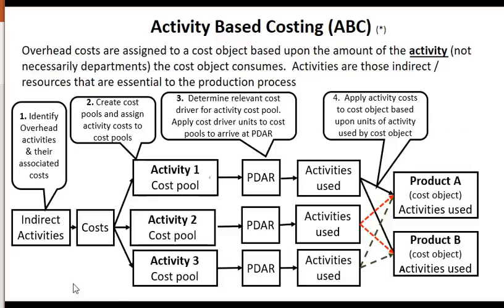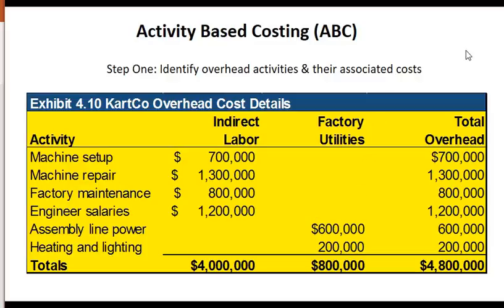Now let's take a look at this example on activity-based costing. Here we see a company called CART Company, or CARTCO, and I believe this example uses models of go-karts or something.